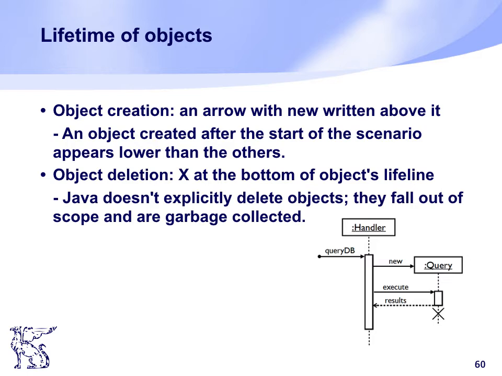So as you have created a new object, likewise you will have situations where the participant is no longer needed. In that case, you can delete it from a sequence diagram. You can do this by adding an X at the end of the lifeline of that participant.